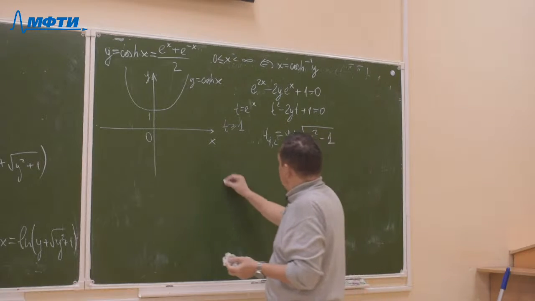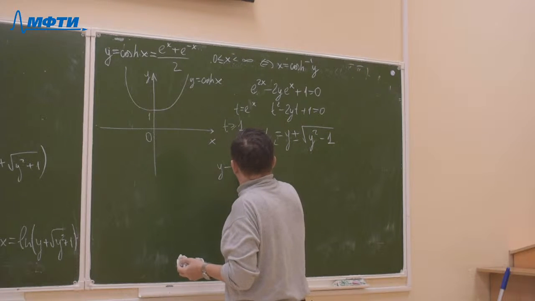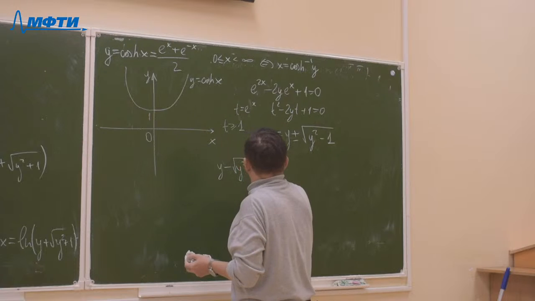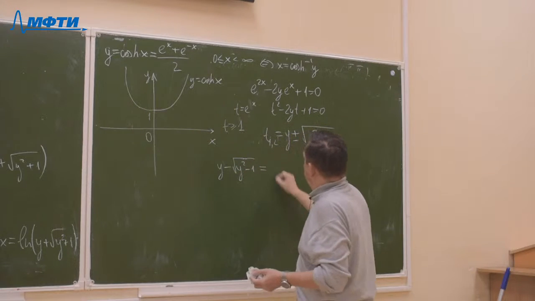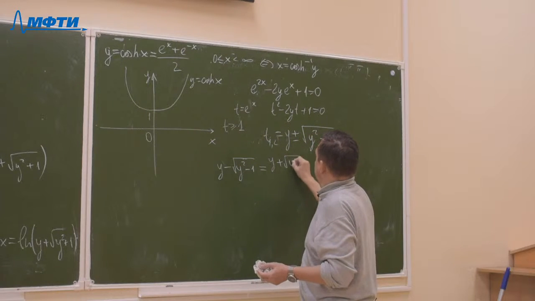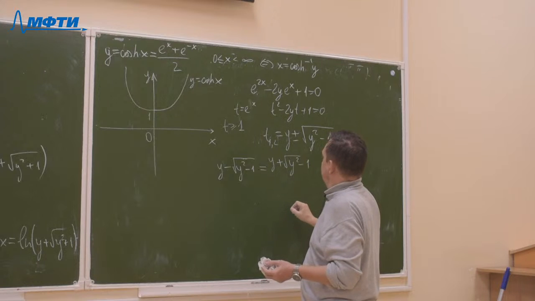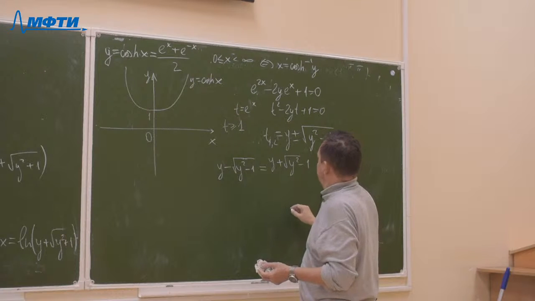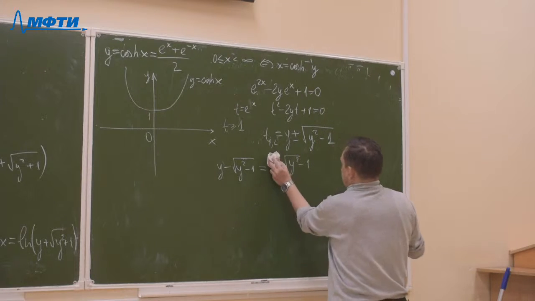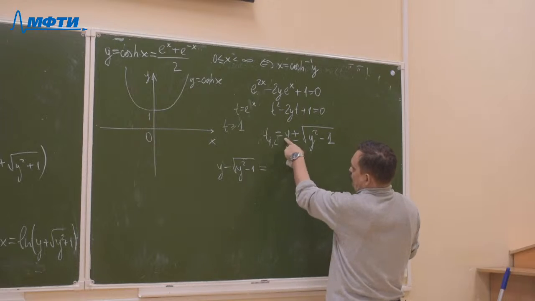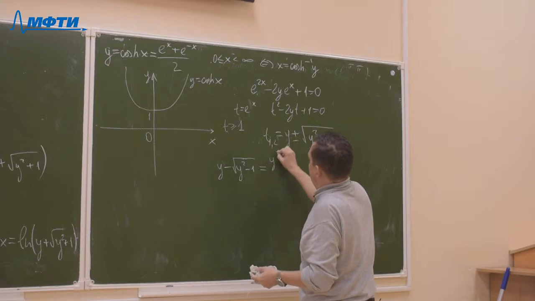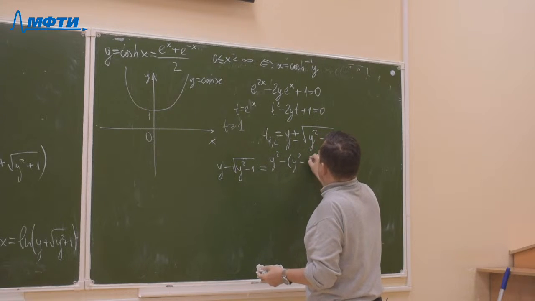And look, if I write y minus square root of y squared minus 1, I can multiply it by y plus the square root, and we obtain y squared minus y squared plus 1, which is 1.